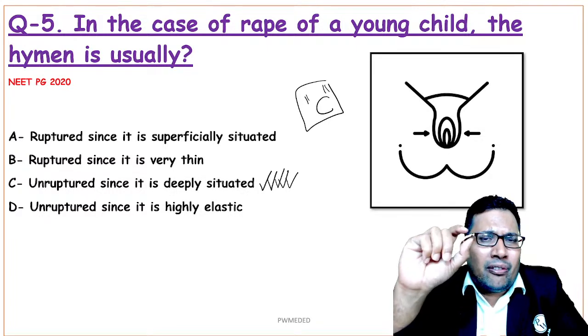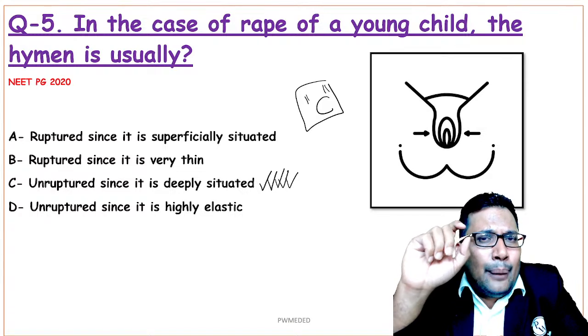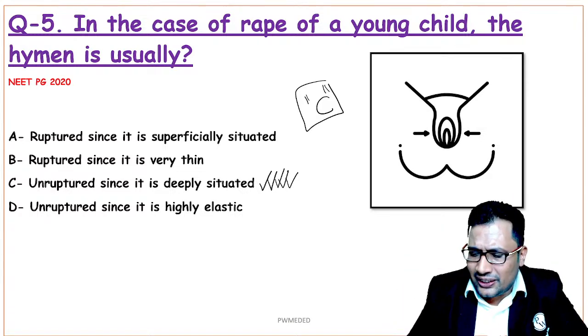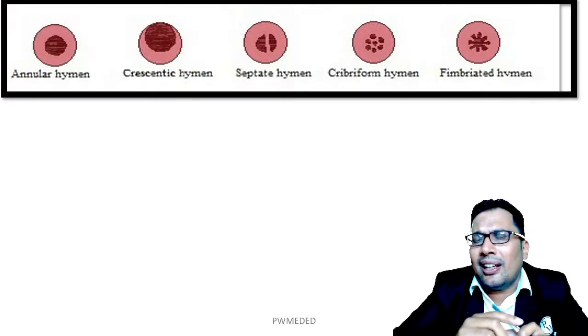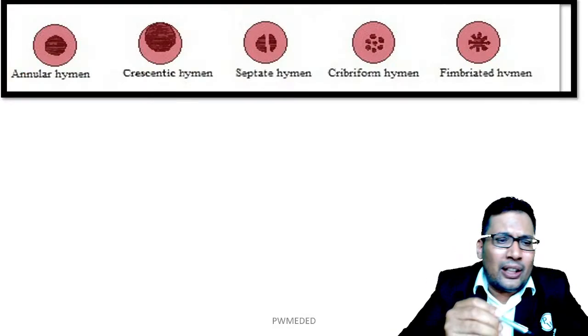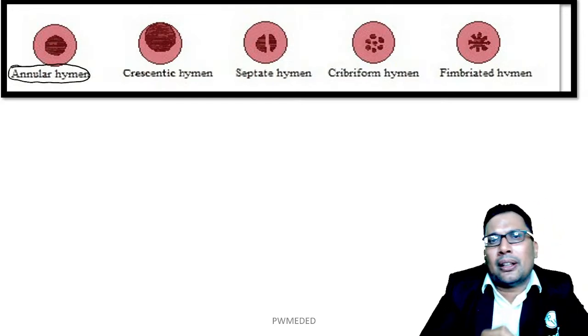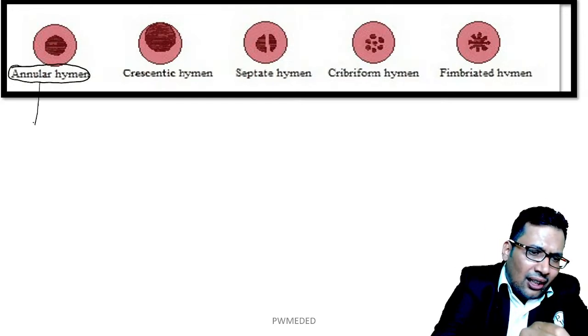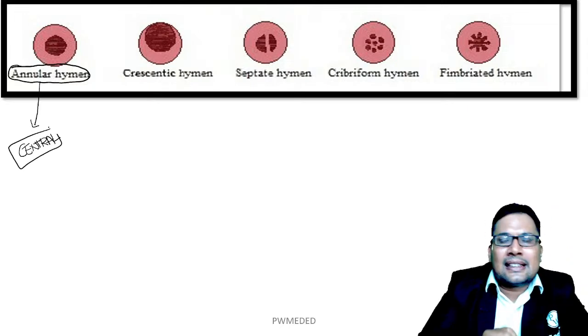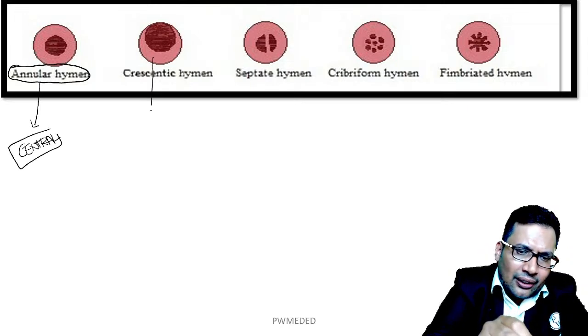So now one more topic very commonly asked is the types of hymen. Let me discuss the types of hymen. There are different types of hymen. The one is the annular hymen, which has a central opening. Second one, crescentic hymen.